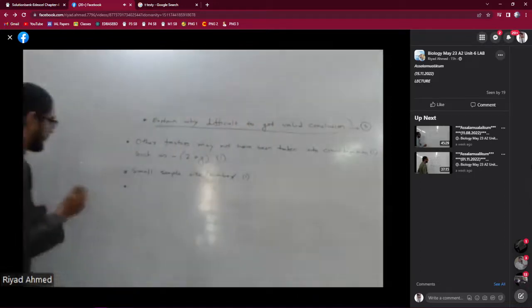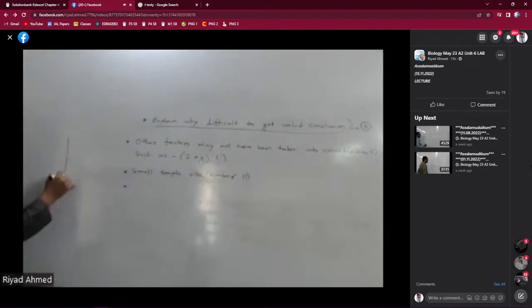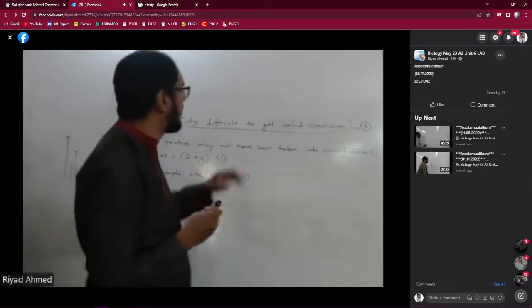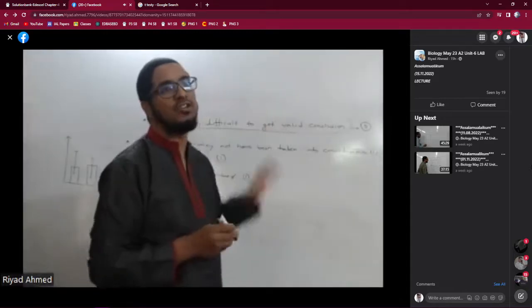For example, two values, right? So this is the variability. So what do you think? Here does the variability or error bar overlap or not? Overlap, see? So if the error bars overlap, it is not a valid conclusion.